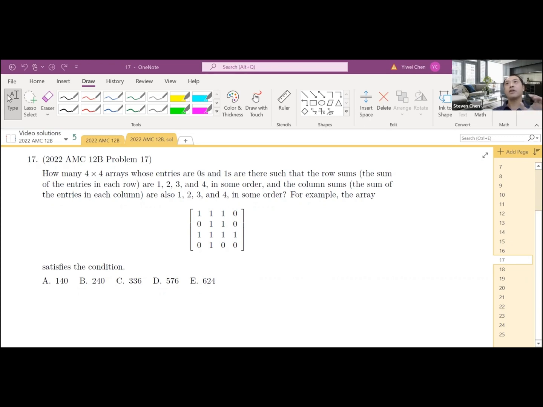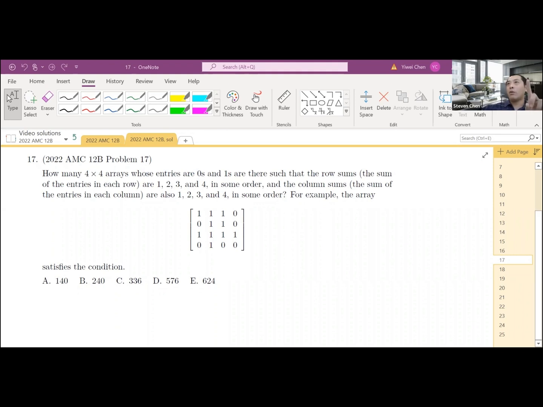For this benchmark matrix, the number of ones in row I is equal to I, and the number of ones in column J is also equal to J.